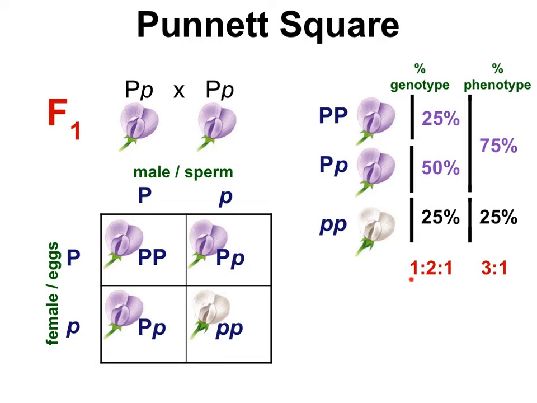We call this a 1:2:1 ratio. The homozygous dominant and heterozygous offspring have the same purple phenotype, so we can combine those together. When you group those purples together, that makes 75% purple and 25% white, or a ratio of 3:1. This is how the white phenotype could skip the F1 generation and return in the F2 generation.